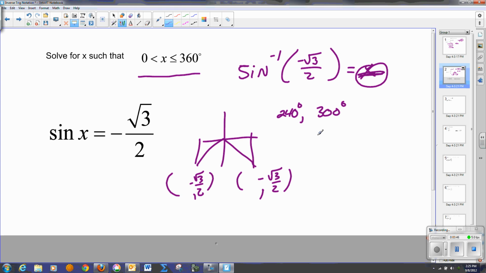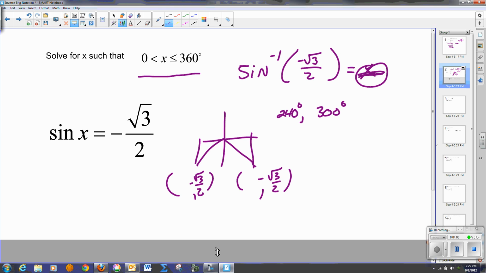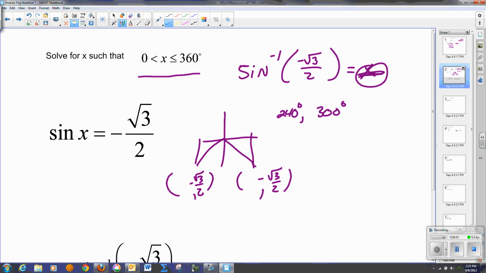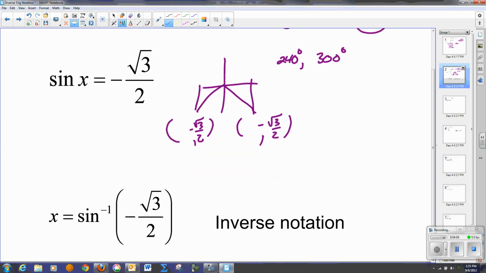Now we could also say -60, but that wouldn't work within the constraints of my problem because it asked for an answer between 0 and 360, so both would be positive. We know that inverse notation can be written once again like such.